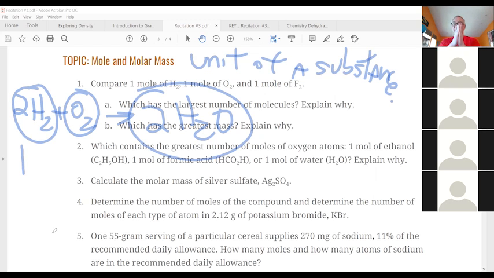That's how it works. So I just think of them as reactive units. That's how reactions take place. They do not take place with grams. So we can't say that 2 grams of hydrogen reacted with 1 gram of oxygen and we got 2 grams of water. That didn't happen.